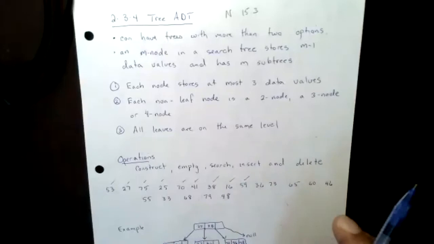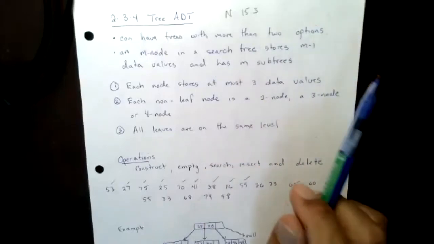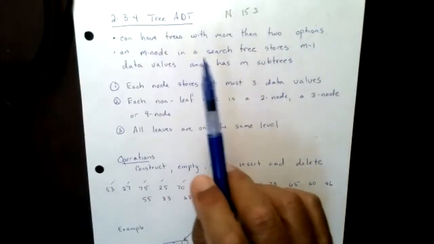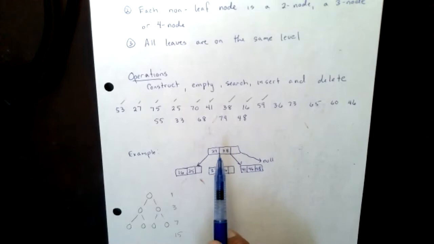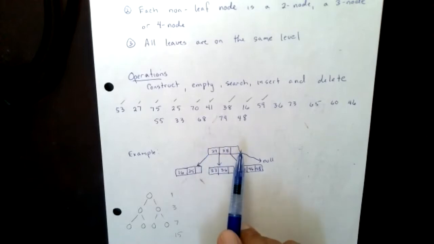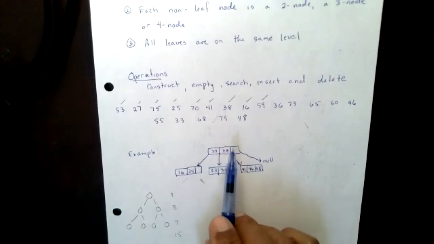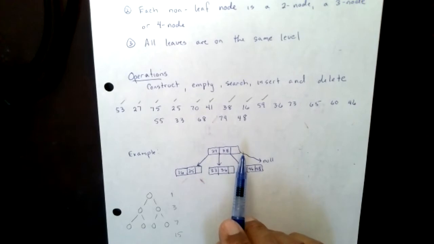Not sure about the 2, but what we have is a tree that's now going to have a node that looks like these down here, where instead of storing one item, or like the one assignment you did with binary trees where you were storing letters, we're going to be able to store multiple items.